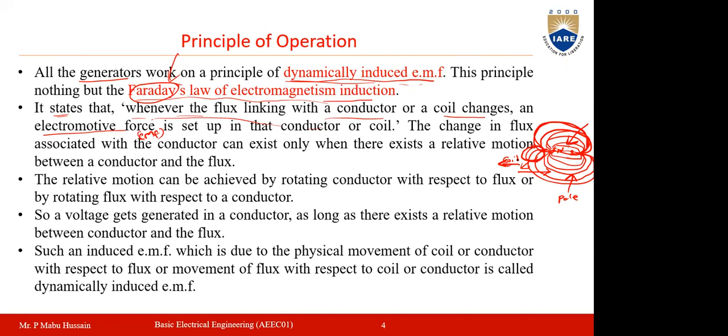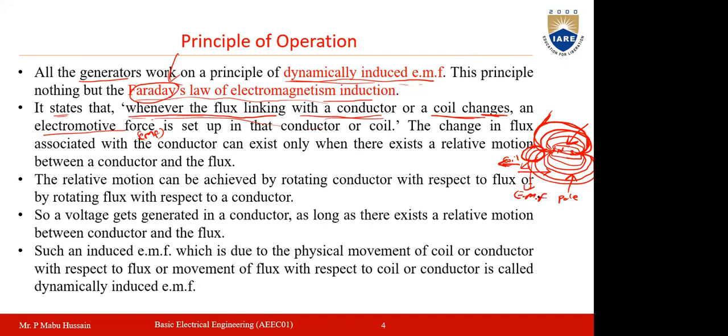So he gave a statement: whenever the flux linking with the conductor or coil changes, then if your conductor has a closed loop, current will flow. But if you have one simple conductor without any closed loop, then EMF will be developed across the conductor.